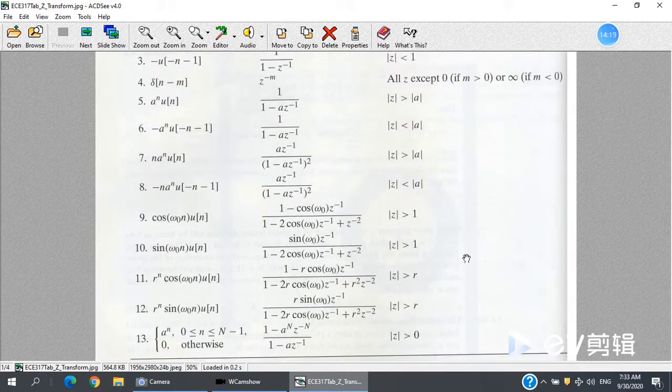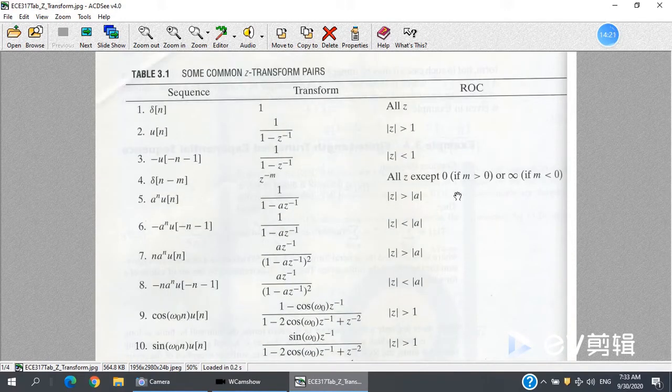So if you go to Blackboard, you can find this table. I put it together with the Fourier transform tables. This is the first table, Table 3.1, some common Z transform pairs. We have 3 columns.